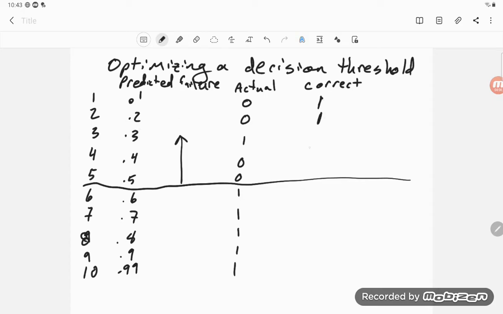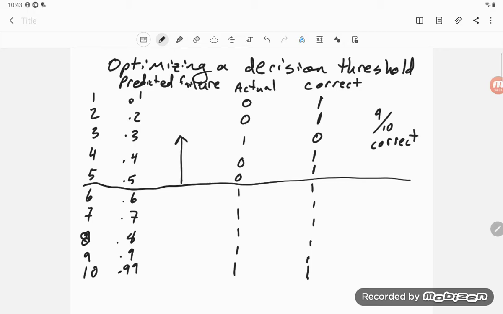We got this one correct because the kidney didn't fail. We got this one wrong. We got this one correct. We got this one correct. And we got all these correct. So how did we do? Well, we got 9 out of 10 correct.